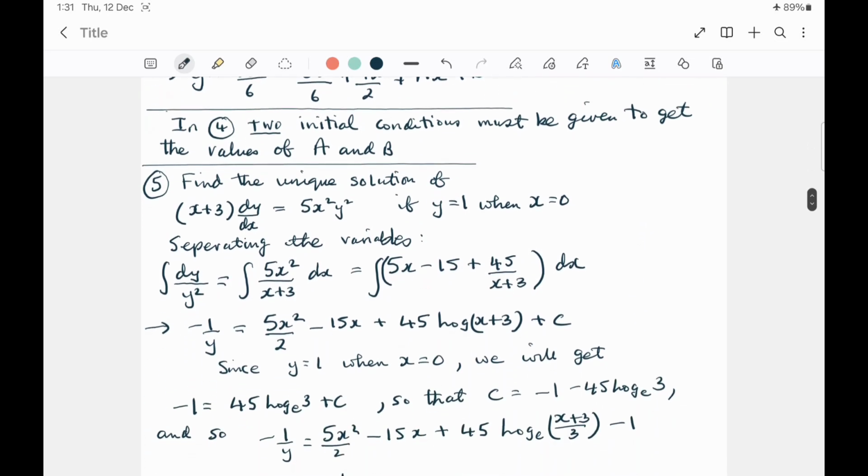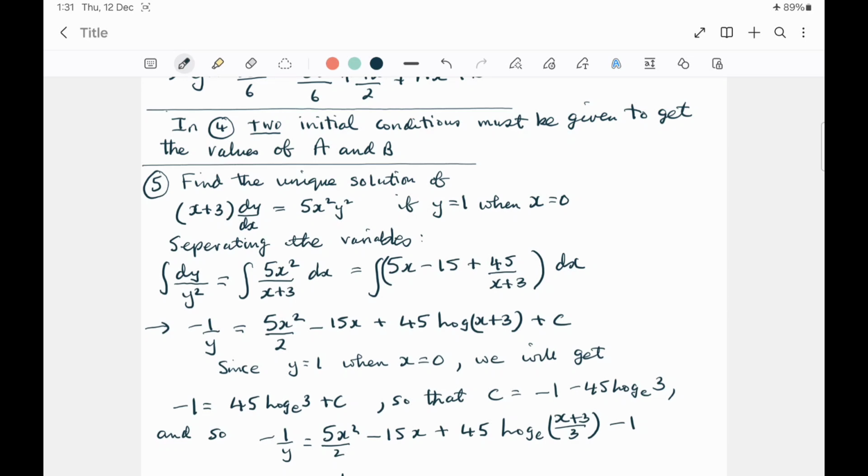So, in the 5th and last example for this opening session, we want you to find the unique solution of the equation (x plus 3) dy/dx equals 5x squared y squared, given that y is equal to 1 when x is equal to 0.